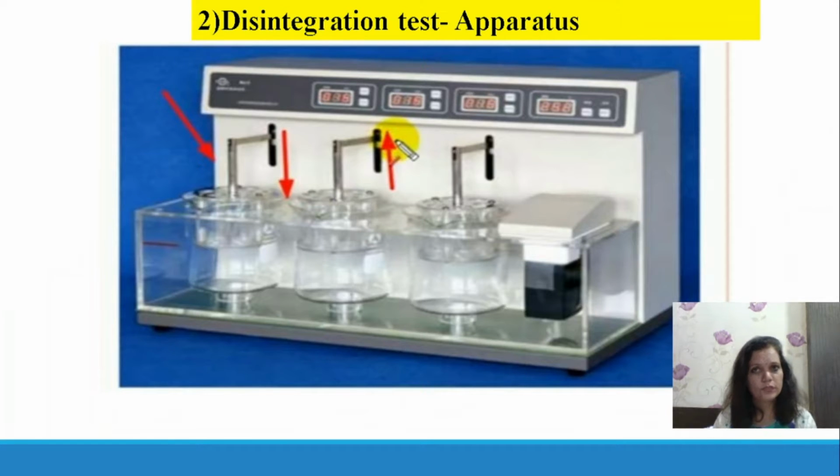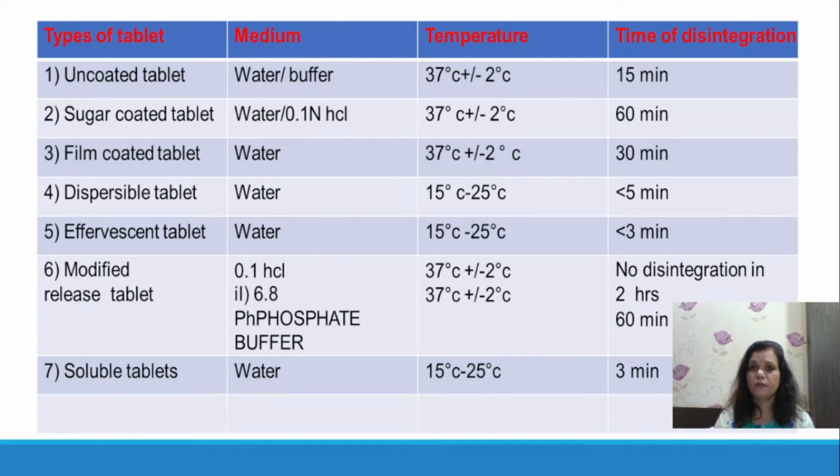To carry out this disintegration test, here I have tried to show you the apparatus, where you have a place to keep the tablet along with the solvent, which you can dip in a beaker or a thermostat, where we can record the temperature and disintegration time, and we can check how many tablets have disintegrated and what was the time required for the tablets.